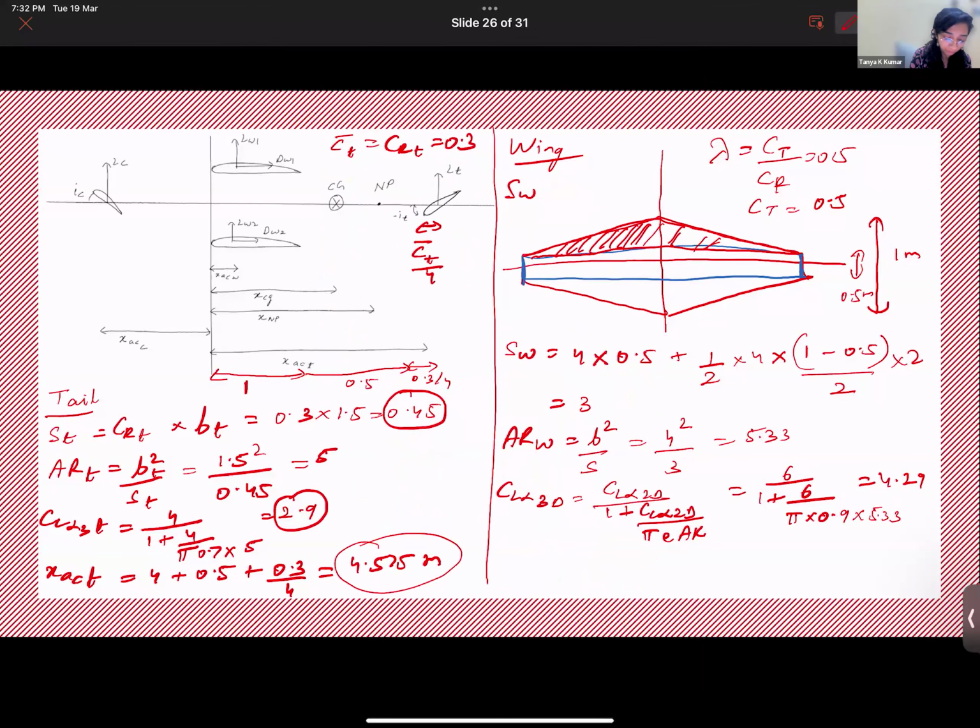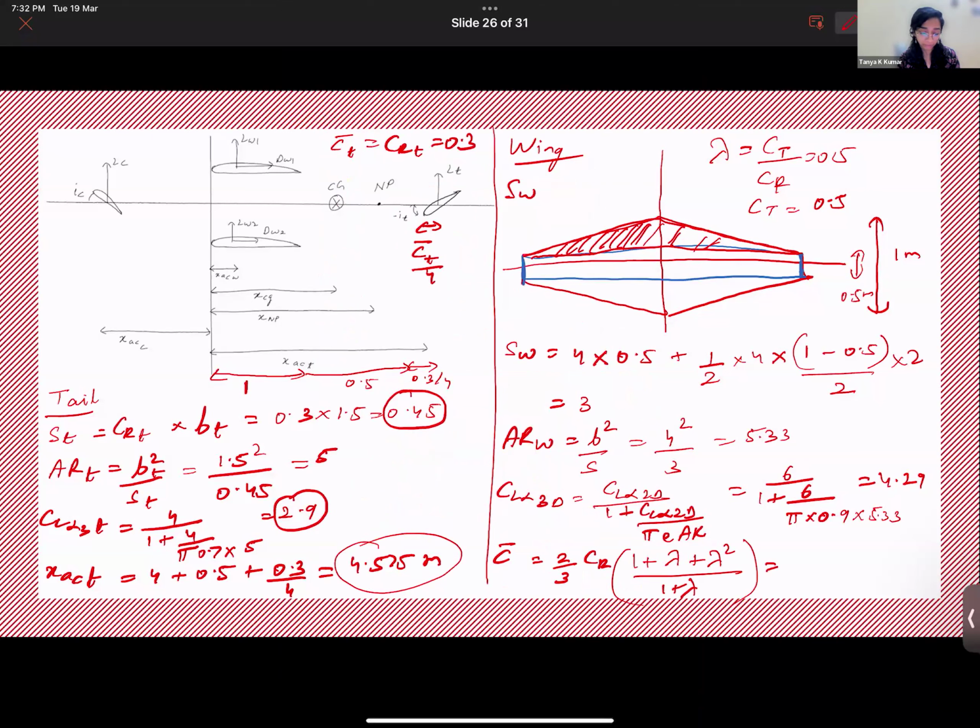What is the next step? We need to find out C bar, right? C bar. What is C bar? What was the formula? It was 2 by 3 CR (1 plus lambda plus lambda square) by (1 plus lambda), correct?